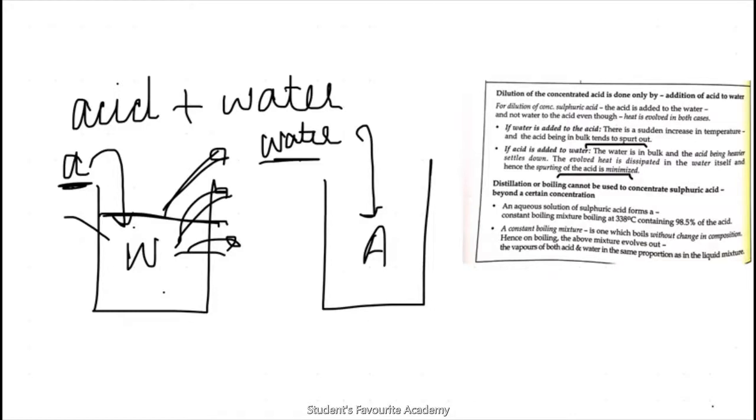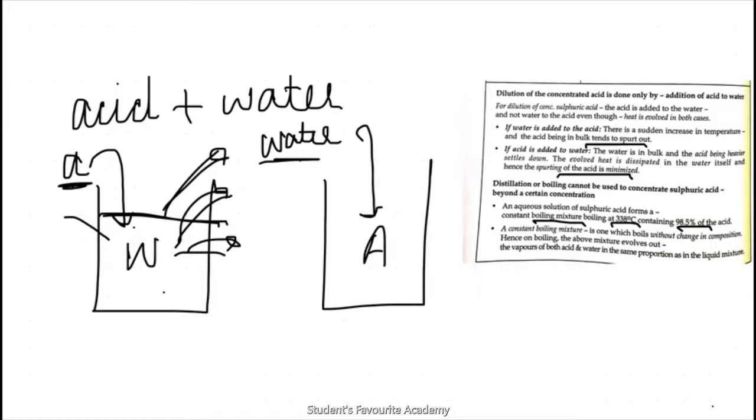So why are we telling like this, children? The reason is the aqueous solution of sulfuric acid forms a constant boiling mixture, boiling at 338 degrees Celsius, containing 98.5% of the acid. Okay, and the second point is that a constant boiling mixture is the one which boils without change in composition.